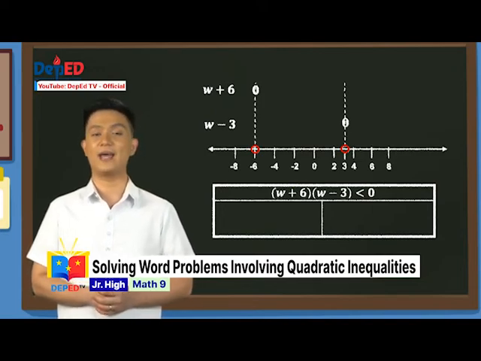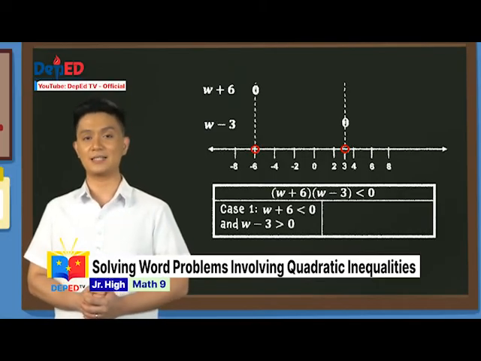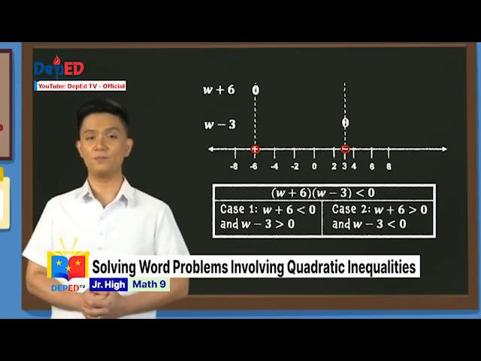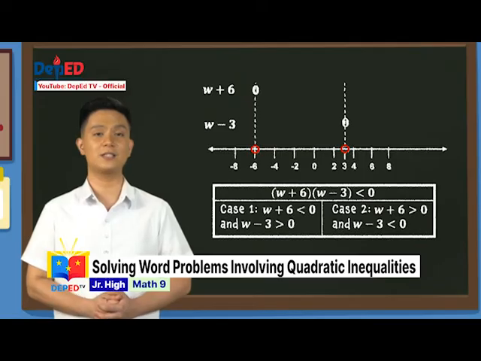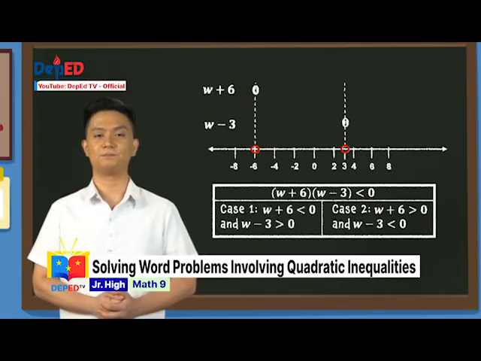And we have two cases for this. Case 1, w plus 6 is less than 0 and w minus 3 is greater than 0. For case 2, w plus 6 is greater than 0 and w minus 3 is less than 0.